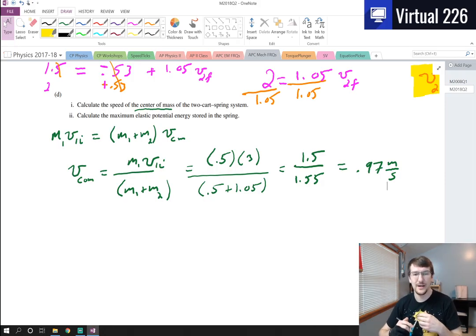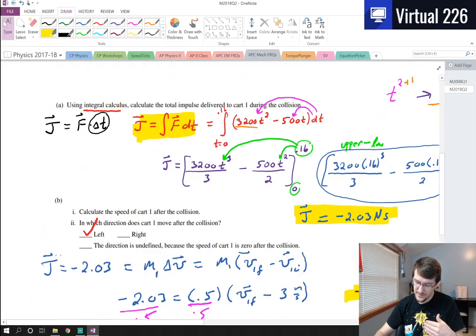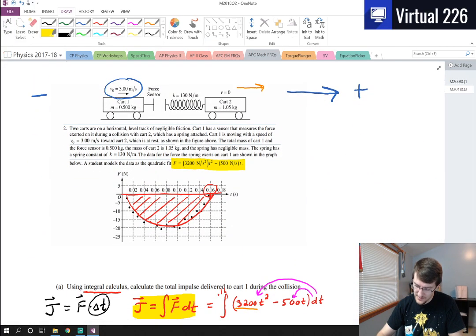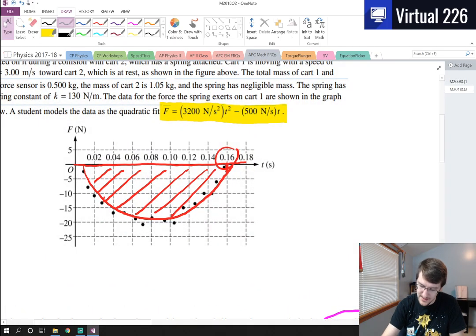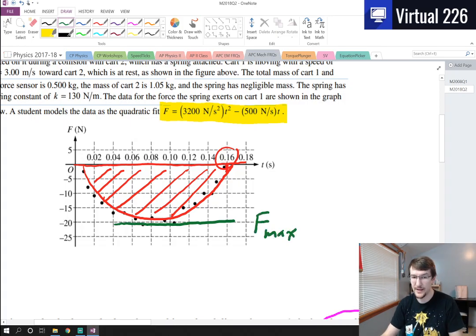I like to think about the fact that if you were to take a derivative up here and set it to 0, that would give you the maximum force applied by that spring.